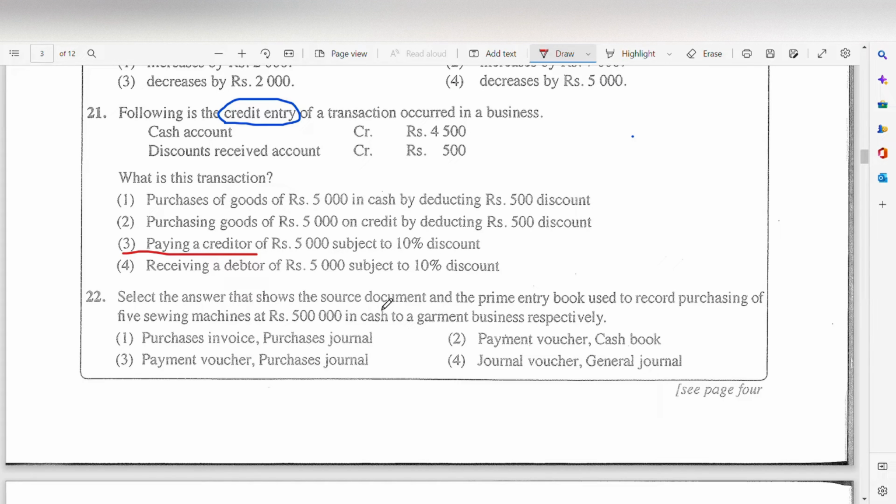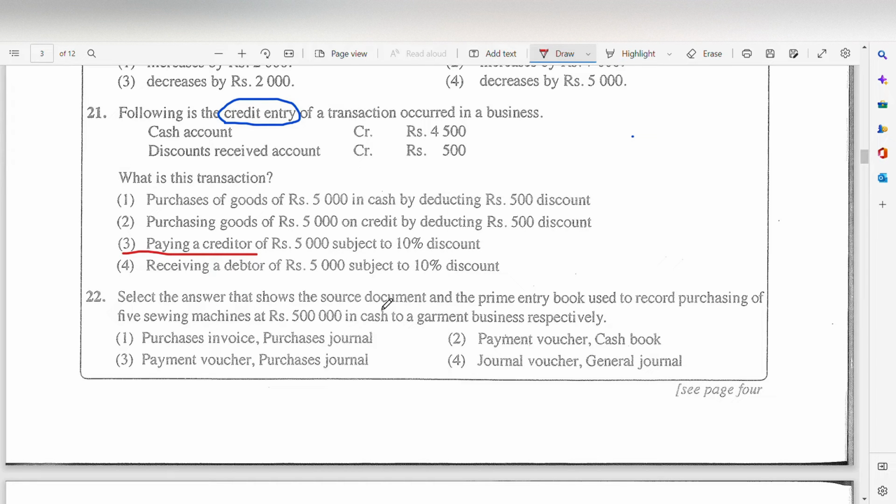So prime entry book of purchase journal is the wrong answer. So you can see answer 1 and answer 3 says that the prime entry book is purchase journal, which is wrong. In purchase journal, you only record items that you have bought with the intention of reselling. Now here 5 sewing machines are for your business purpose. Now here because it's in cash, if it's on credit, the correct answer should be general journal.